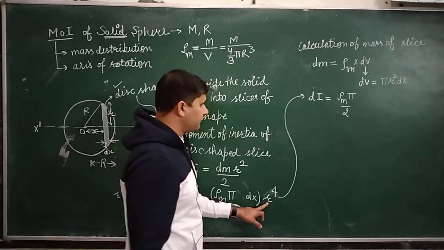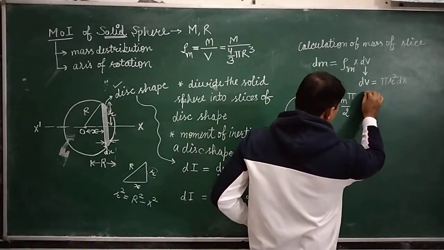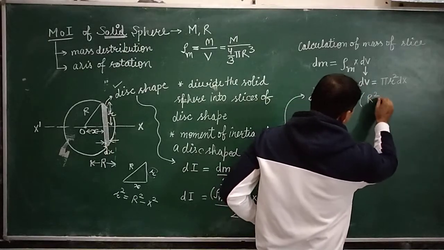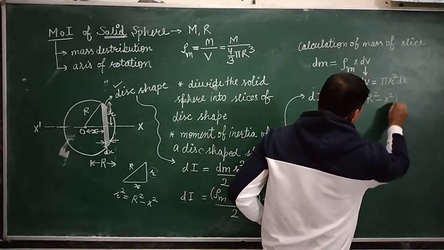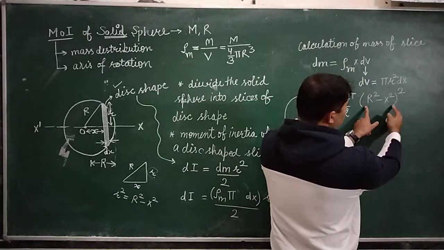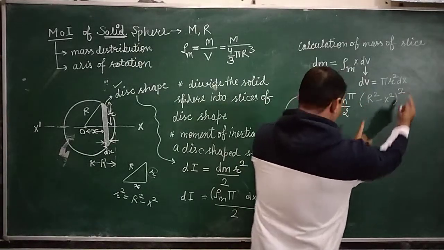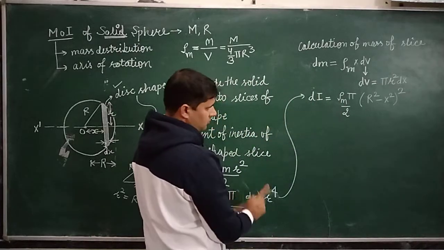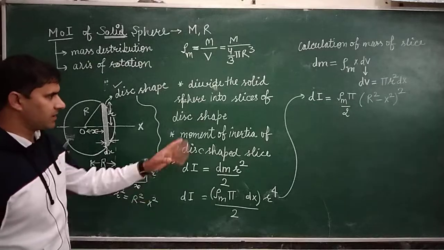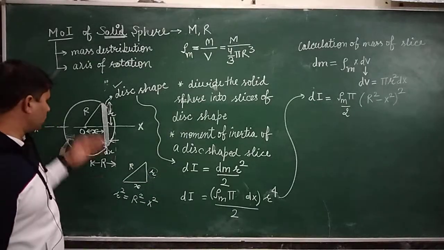Then you have capital R square minus x square and its square. This is the value of R square, and R square raised to power 2 will be R raised to power 4. So this is the value of the moment of inertia of this slice.